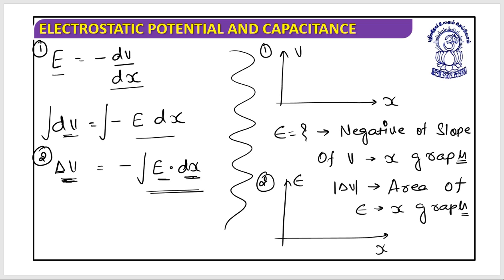And if I have been given a graph of electric field versus distance, and I need to find the magnitude of change in potential, what I need to do is just find the area of the graph and things will be done. So, are you done with this? Will you be able to solve this kind of question? Let's look at this.